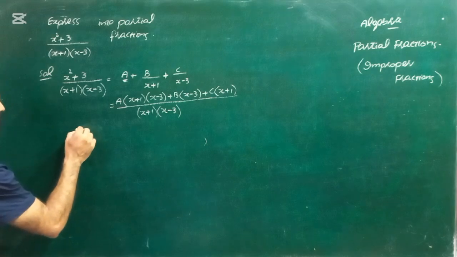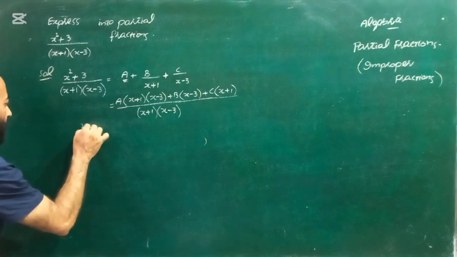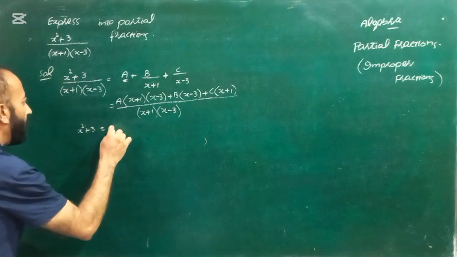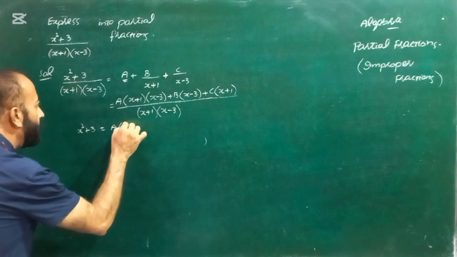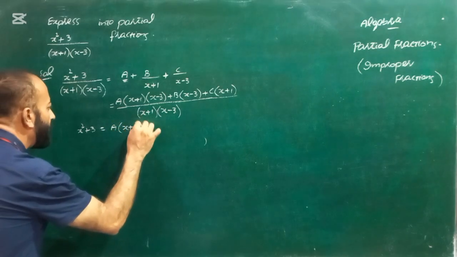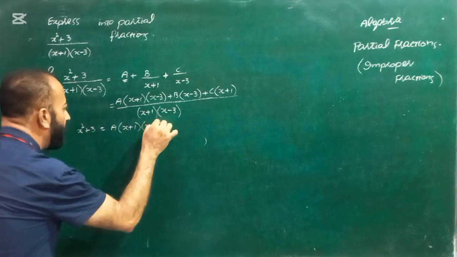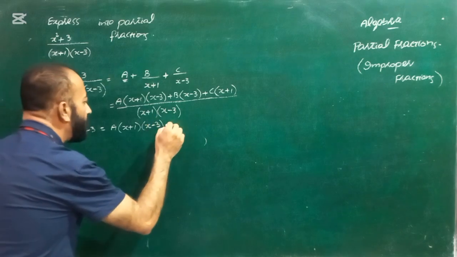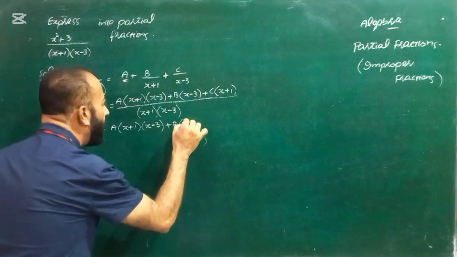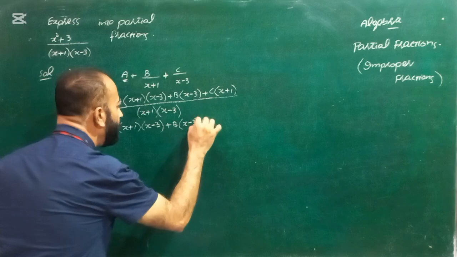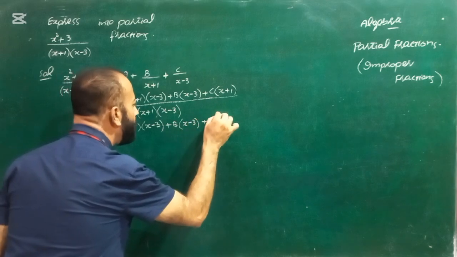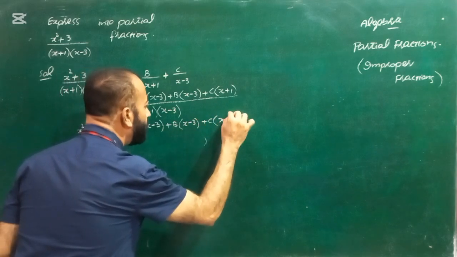On the left hand side x square plus 3 is left, and on the right hand side A into (x plus 3)... (x plus 1) into (x minus 3) plus B into (x minus 3) plus C into (x plus 1).